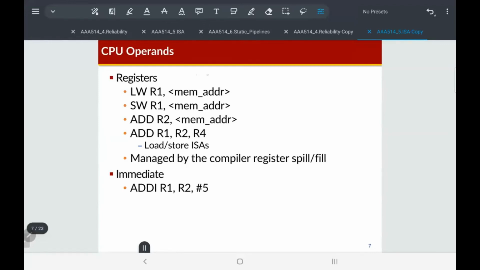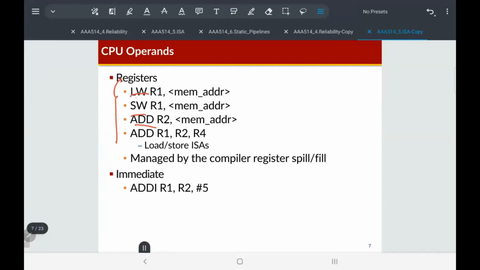For the RISC type instructions, some instructions usually handle data in registers, the general purpose registers, like load instruction, store instruction, add instruction. As you can see, these instructions handle the data in these registers.